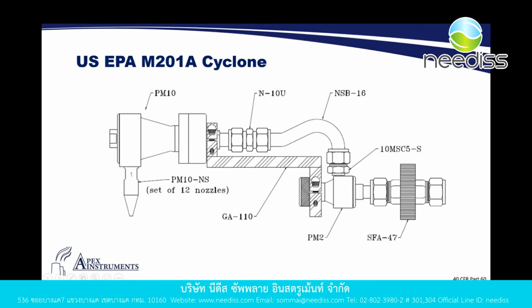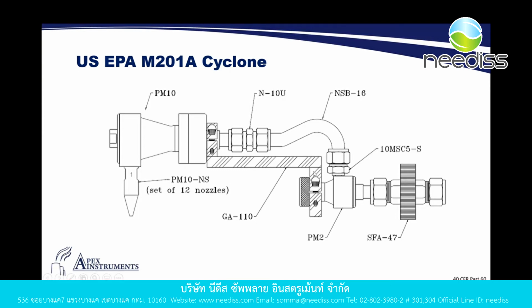This is a nozzle, and if you're looking closely, you would see that this design is basically the same button hook or curved design as a regular isokinetic Method 5 nozzle, just reversed. So it's almost like we have an isokinetic Method 5 nozzle as part of this design, leading to our PM2.5 Cyclone. And finally, our last capture here on our 47 millimeter filter at the back after both of our cyclones right here in our system.